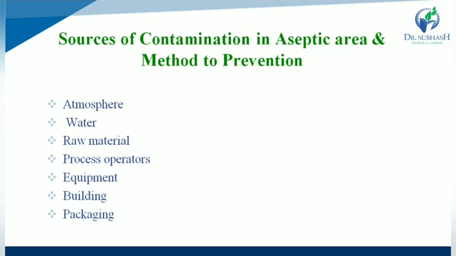Raw materials mainly contain bacteria and fungi. And heat treatment, filtration, recrystallization, irradiation or any other sterilization process are mainly applied for the reduction of microbial load or contamination in raw material.